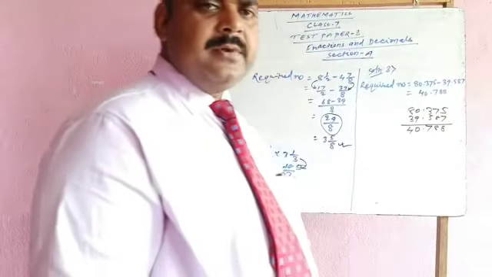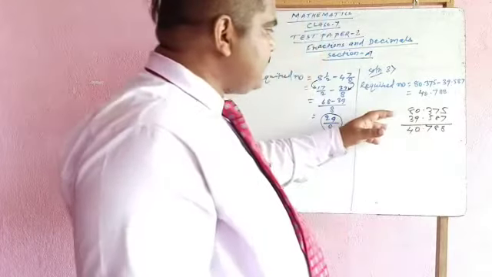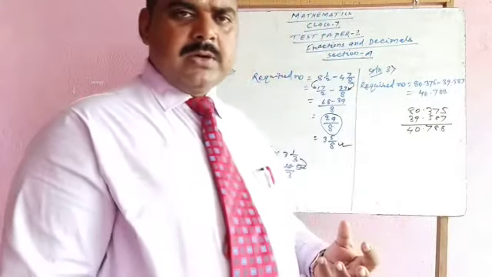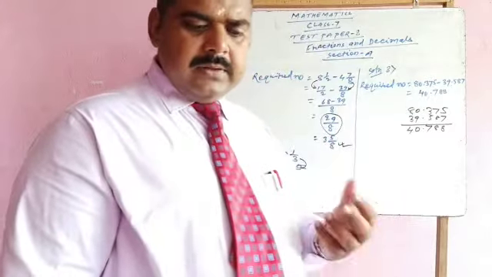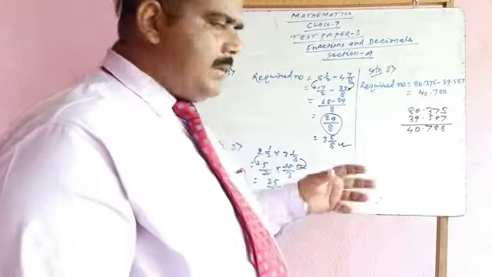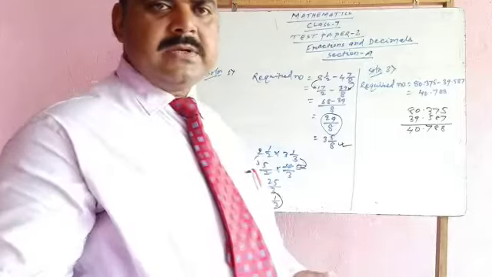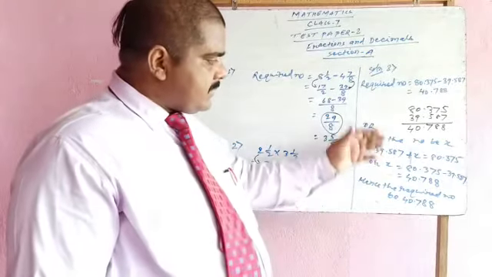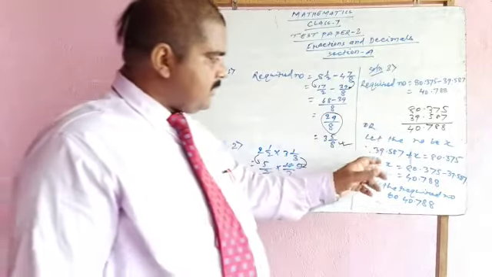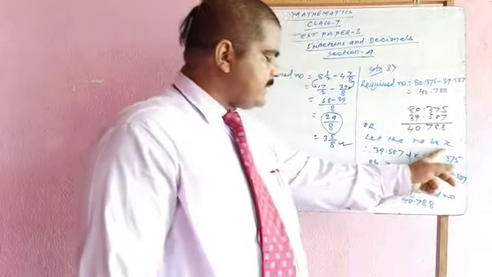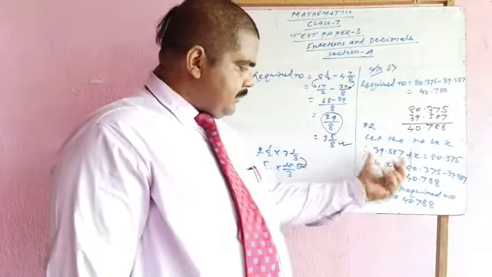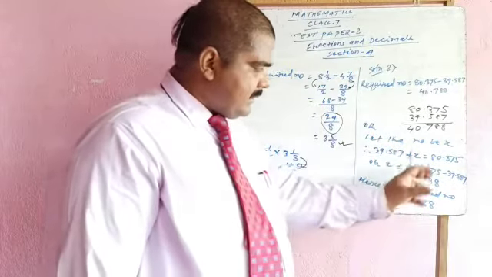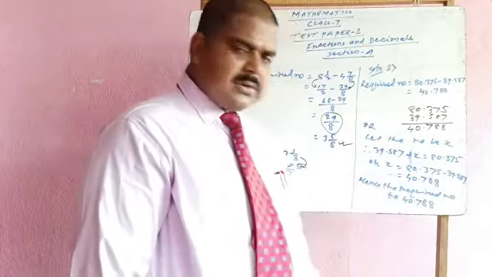Some students can solve it this way: consider the unknown number as x. Let the number be x. From the question, 39.587 plus x is equal to 80.375.